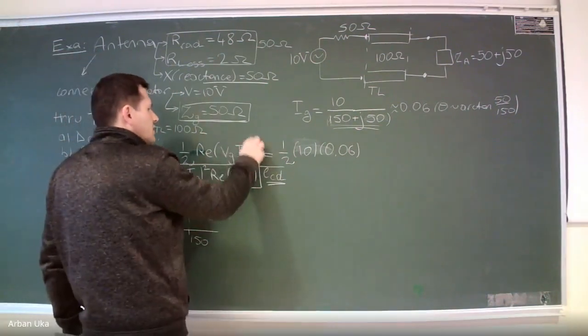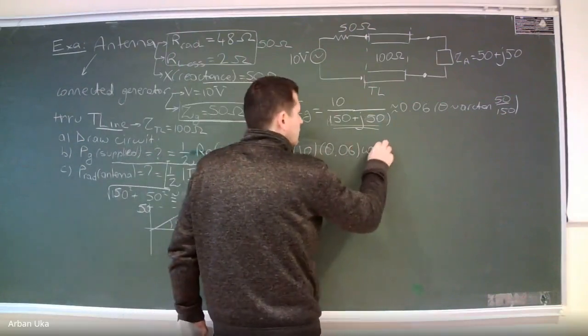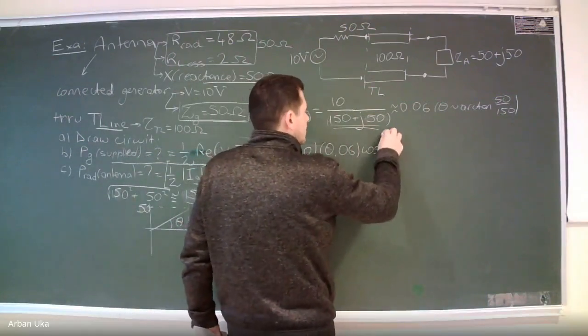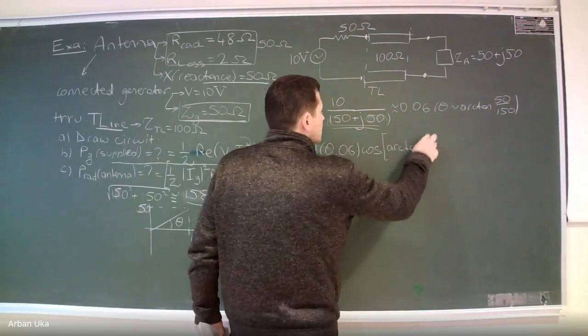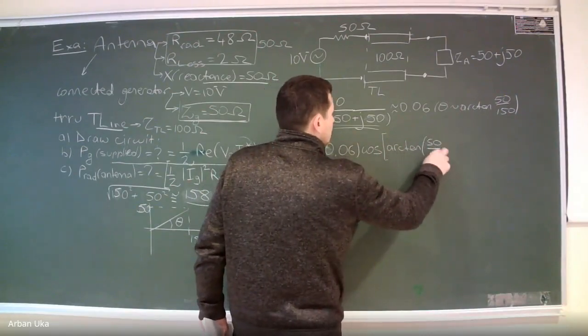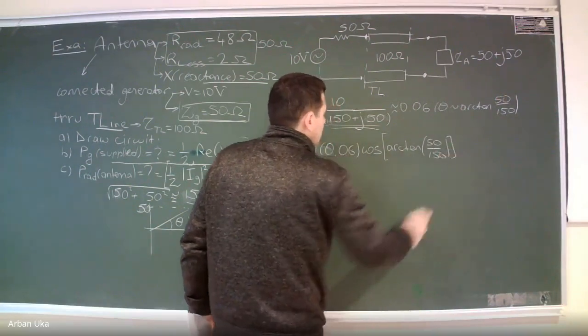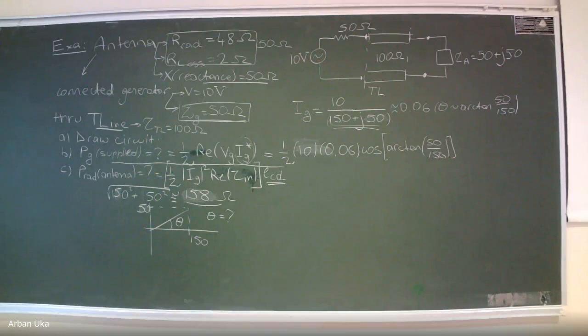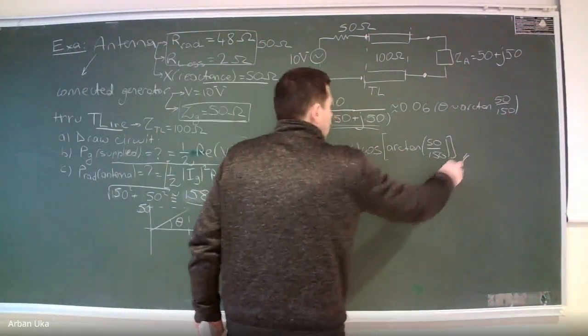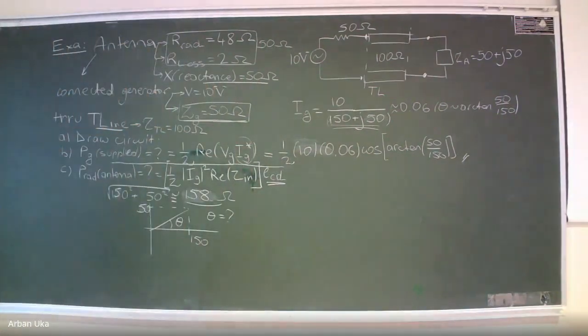Since this is the complex conjugate, we have to include here the cosine of an angle, which is going to be equal to approximately arc tangent of 50 divided by 150. Okay, so this will be the power supplied by the generator. Okay, so this number. This is what we need for now.